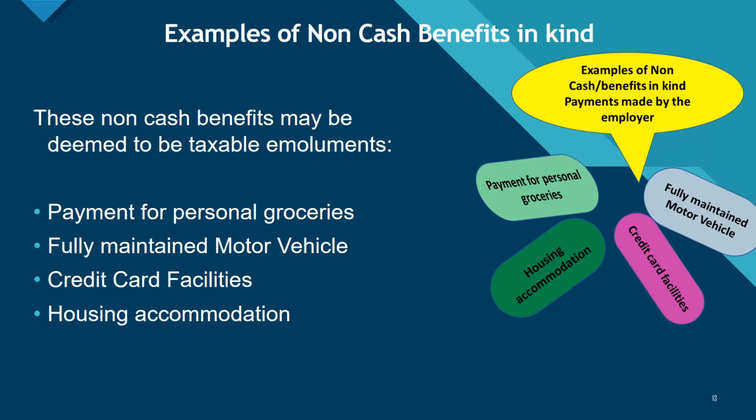These non-cash benefits may be deemed to be taxable emoluments: payment for personal groceries, fully maintained motor vehicle, credit card facilities, housing accommodation.